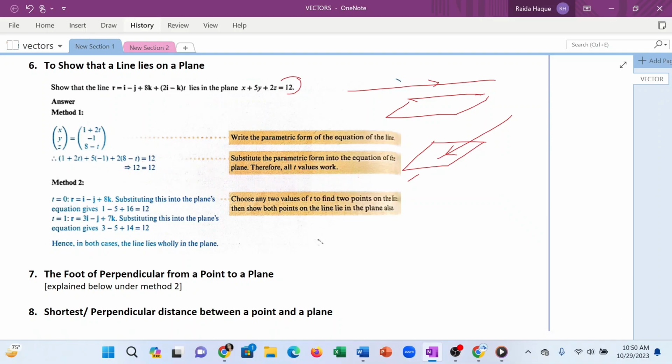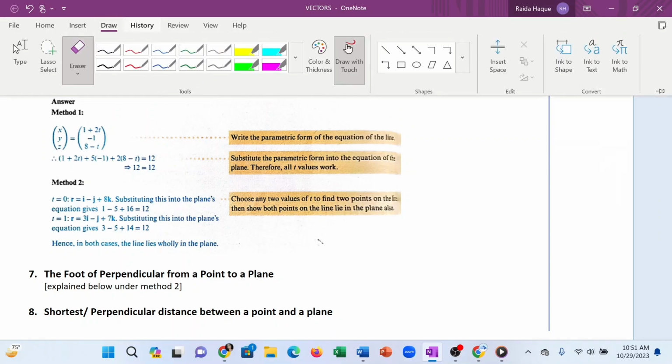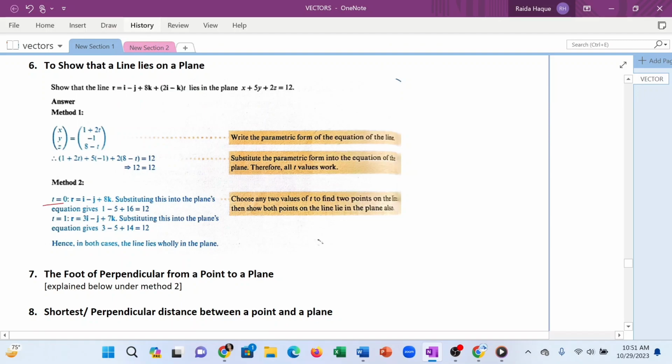Moving on to method number 2, not my favorite, but since it is in the course book, we should all be familiar with it. In method 2, we substitute values of t.